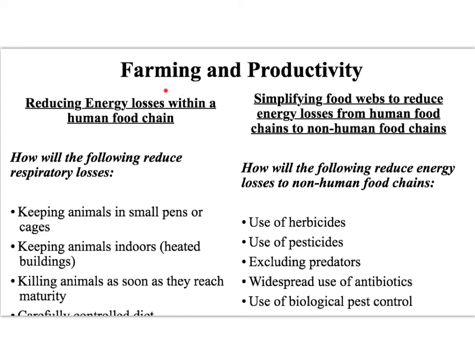So reducing energy losses and simplifying food webs. This says carefully controlled diet at the bottom if you can't read that. But you need to be able to explain why each of those will reduce the energy losses or increase efficiency of energy transfers. And if you need to go back to the previous explanations, then go back to them.